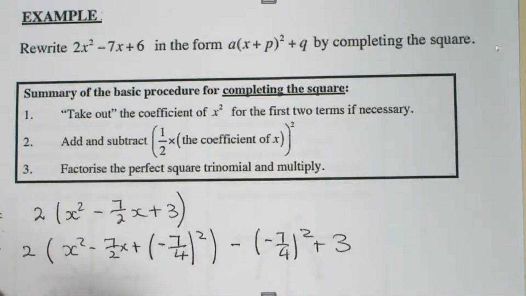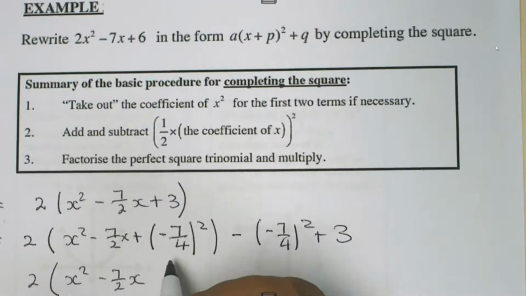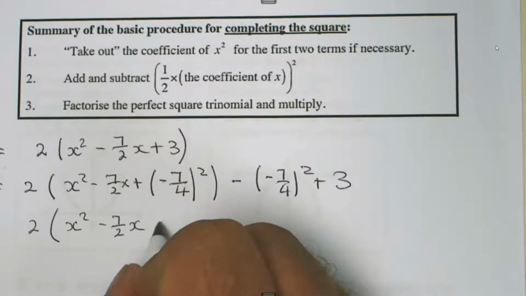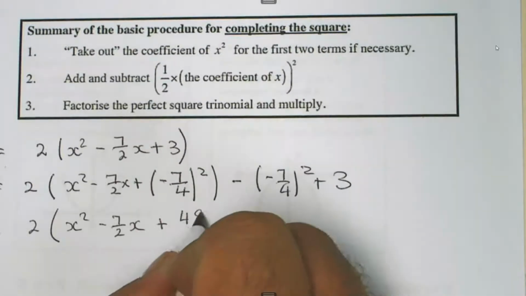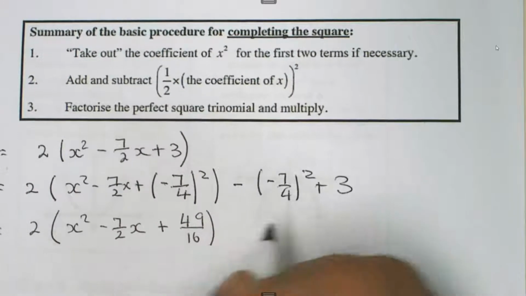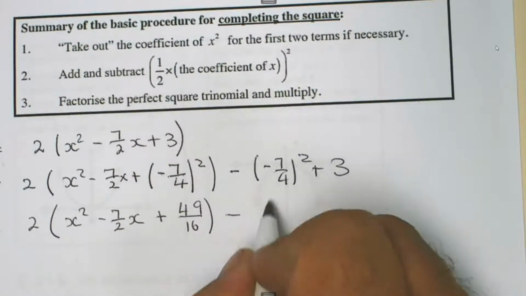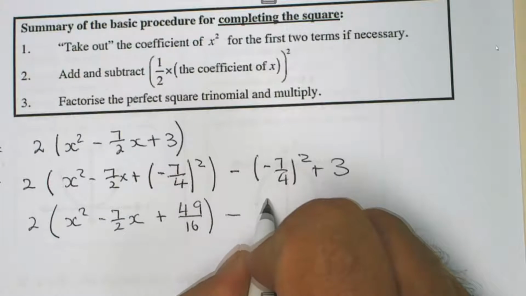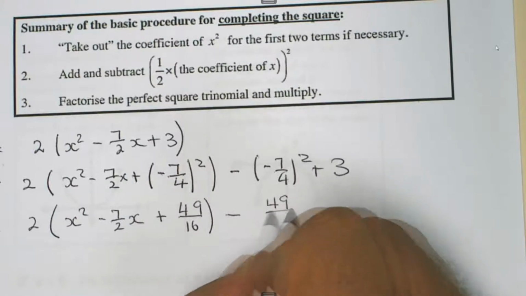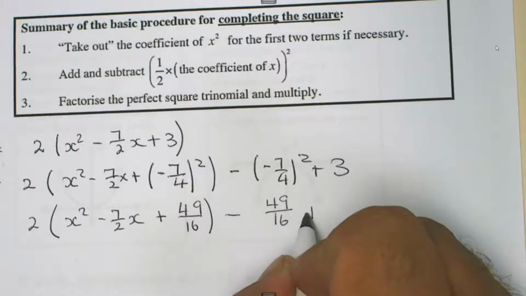In this case, we can say it is 2 brackets x² − 7/2 x + 49/16 minus, this here becomes, 49/16 plus 3.